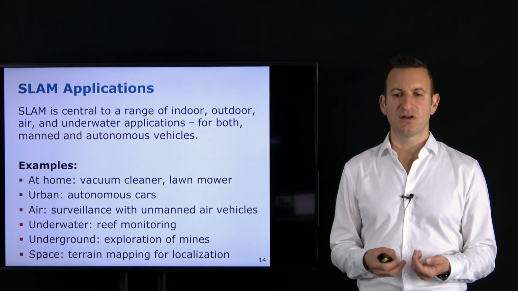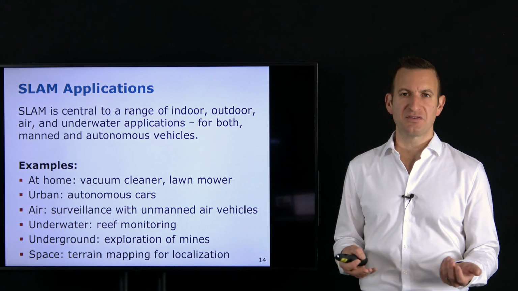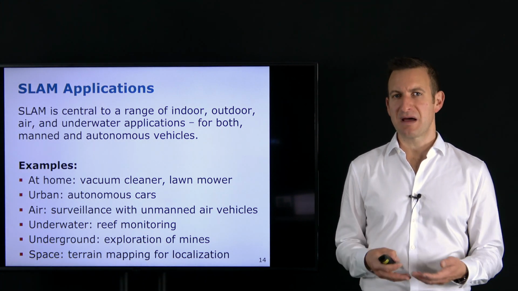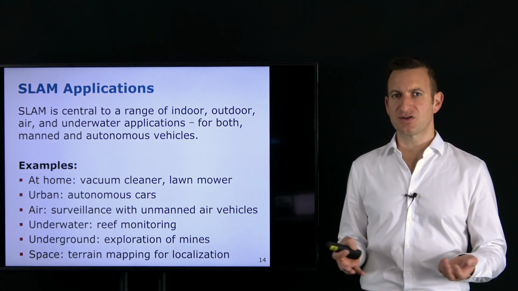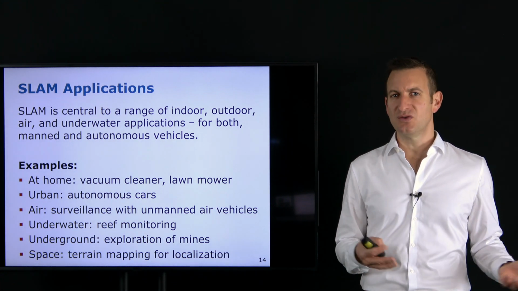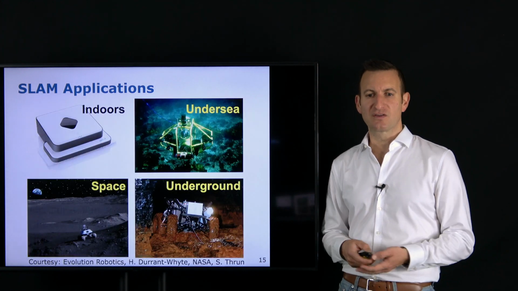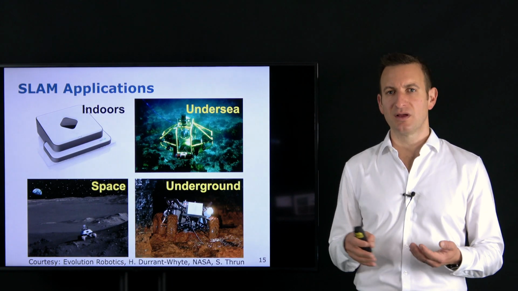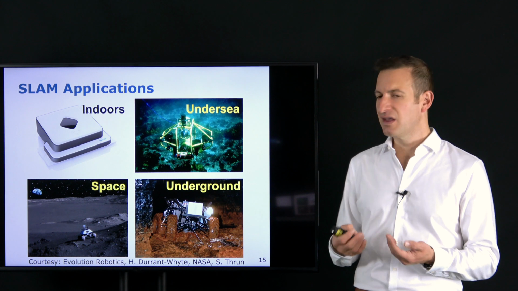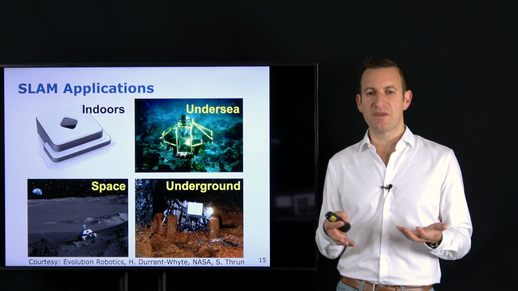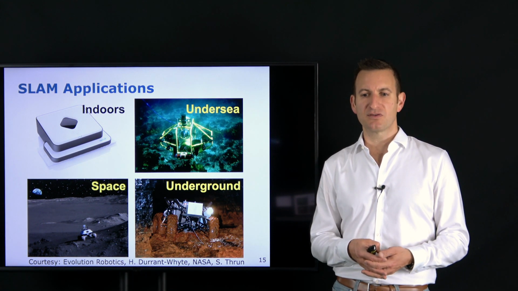And last but not least, also for space missions, the system needs to be able to build a map of the environment and localize in this map in order to navigate to certain locations and in order to operate in an autonomous fashion. So SLAM applications play an important role, just as a few examples of systems that have to use a simultaneous localization and mapping system.